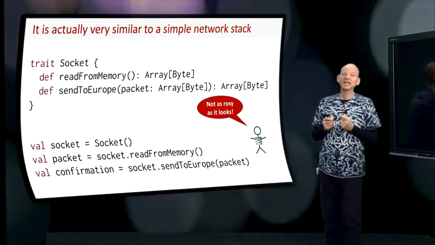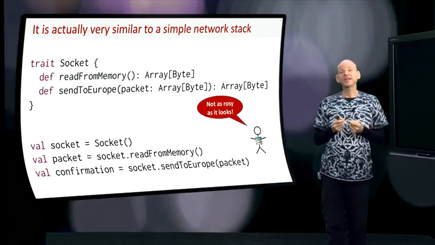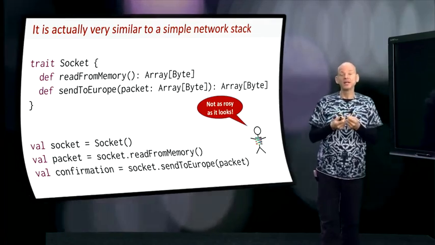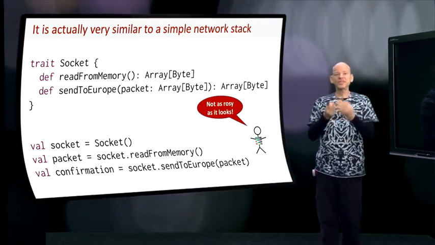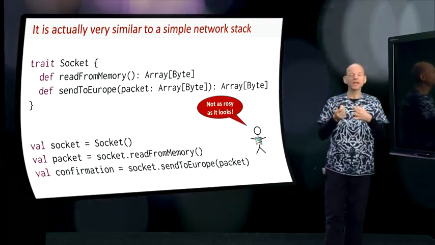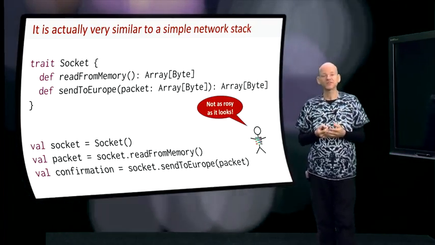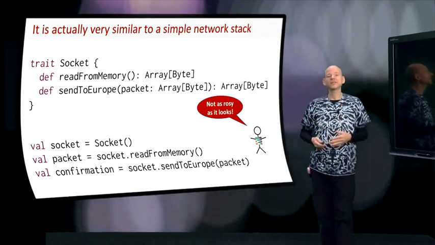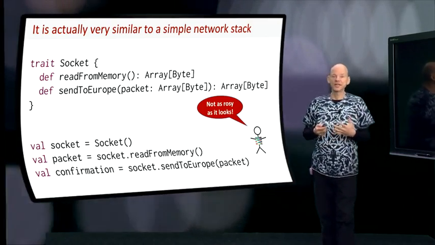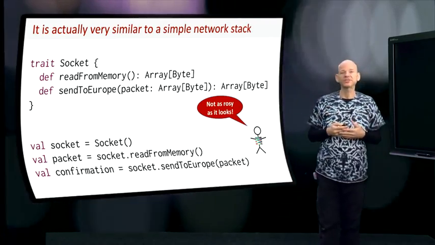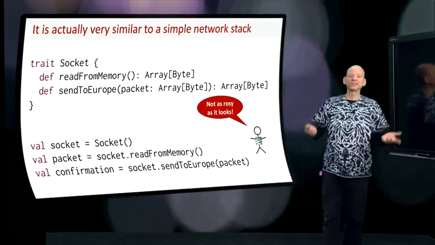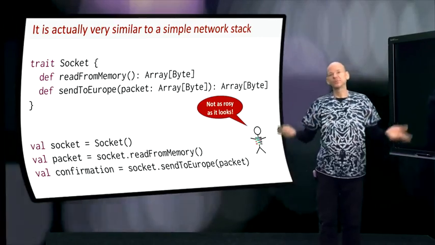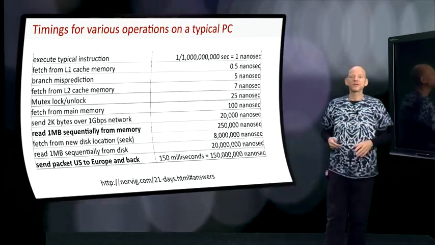The reason is that reading from memory takes a lot of time, and sending a packet from Europe and back takes even more time. But this time is expressed in nanoseconds or microseconds, which is not very intuitive for humans. So let's look at a little table that tells us the time that various operations take on a computer. Note that these times will vary because computers are changing. So take this as a rough guess.